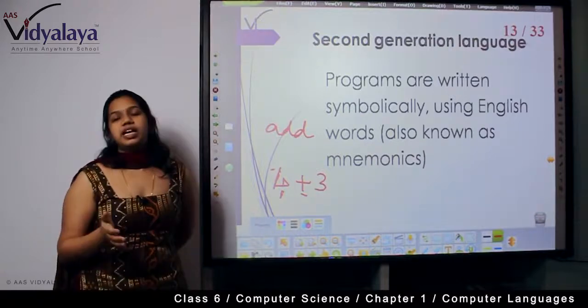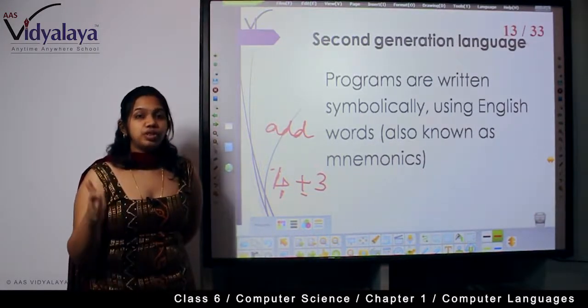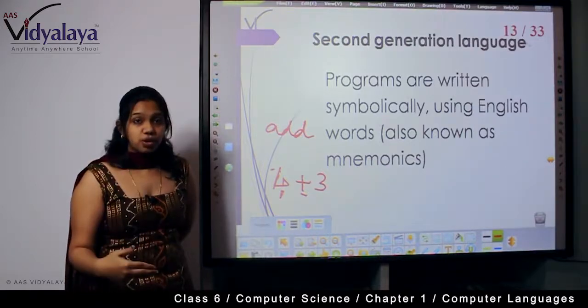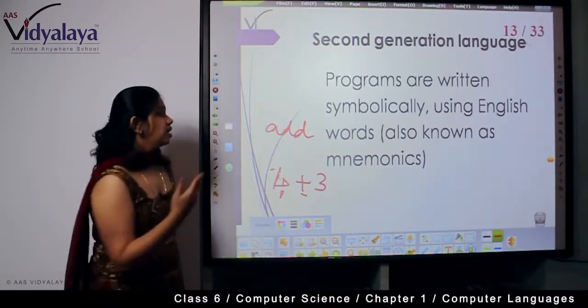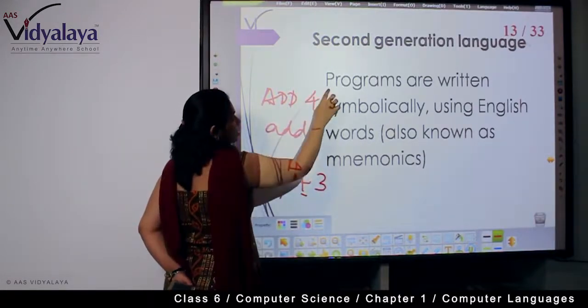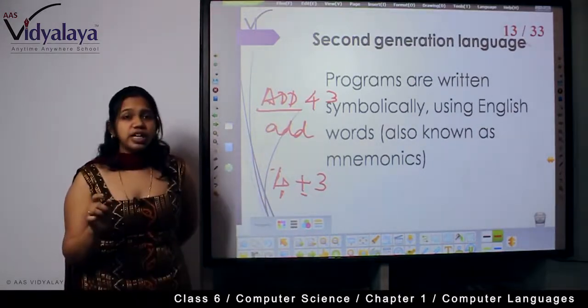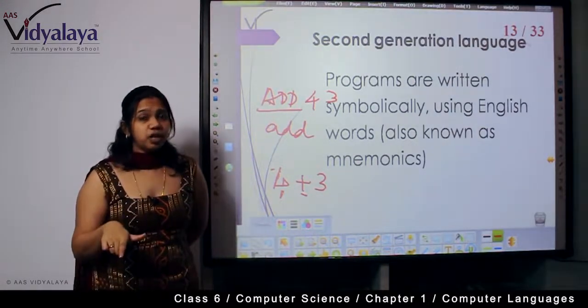Am I right? Yes. When I'm going to talk to a second generation computer, I will also instruct them like this. Like add 4, 3. Is this the word that we are using or is it the operation word?